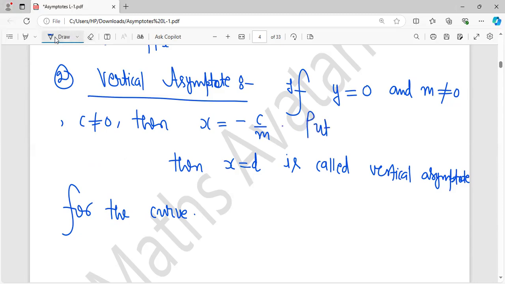Put minus c upon m is equal to b so that x is equal to b. Then x is equal to b is called a vertical asymptote of the curve.